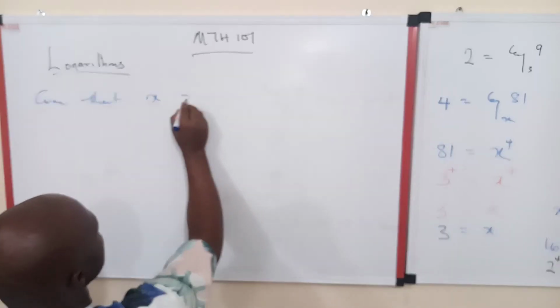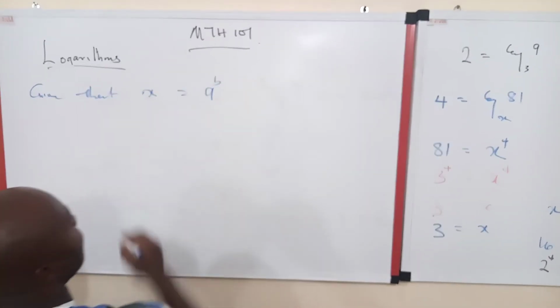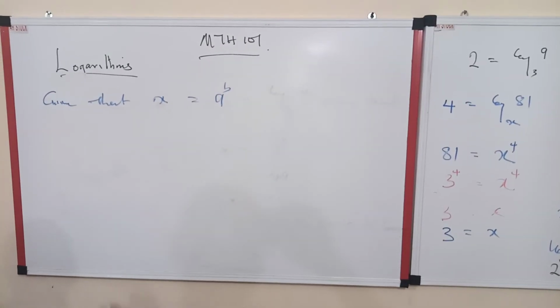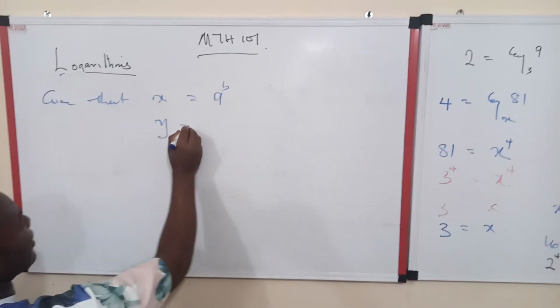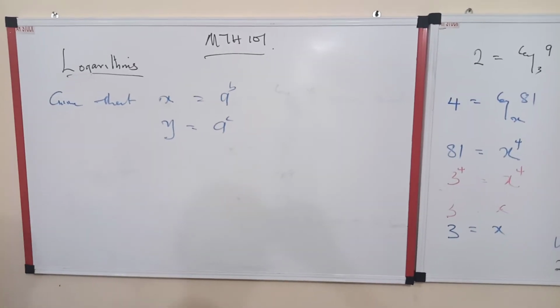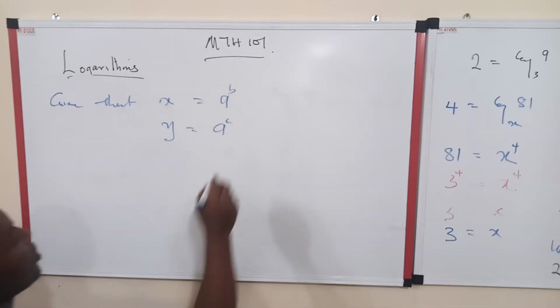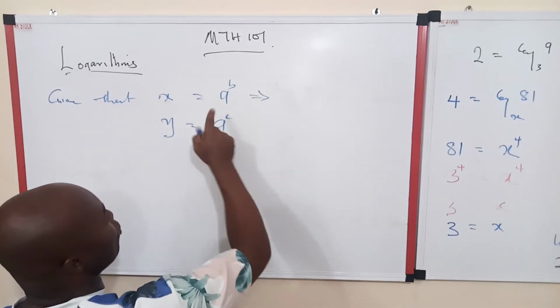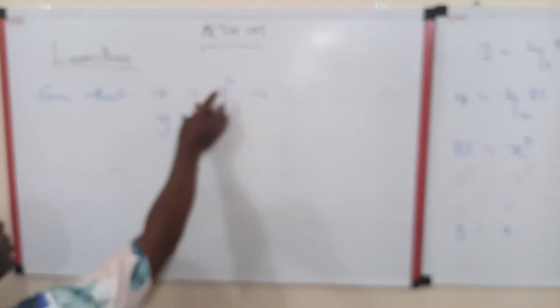X is equal to A raised to power B, and say y is equal to A raised to power C. Now these two equations are in terms of indices.